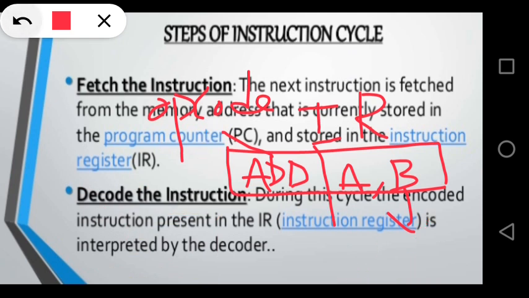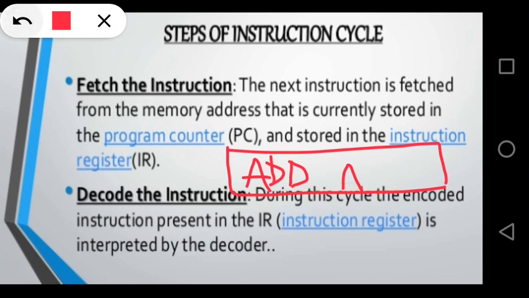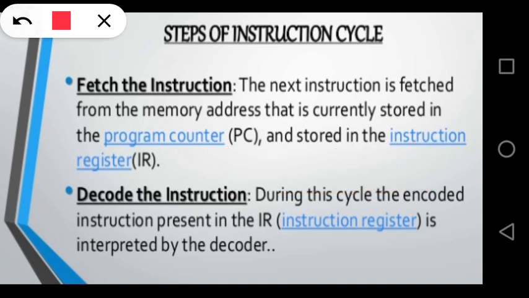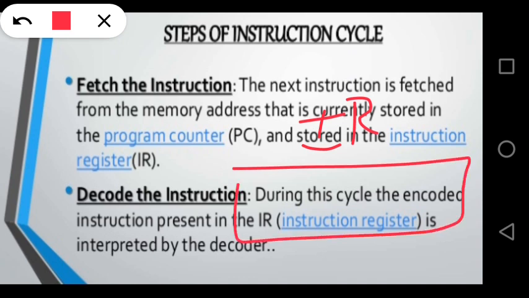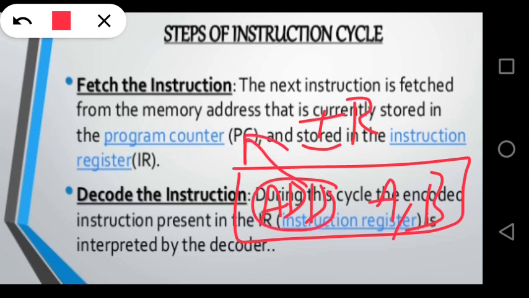So it is really important to understand the meaning of decoding and why it is used, because everything is mentioned in terms of bits in computers. So when the instruction register contains add a comma b, add is represented with some n number of bits, let's assume 001. This has to be decoded so that which operation is required to perform is known.